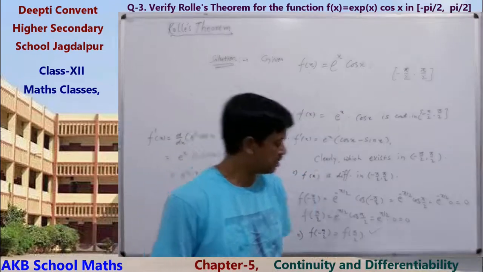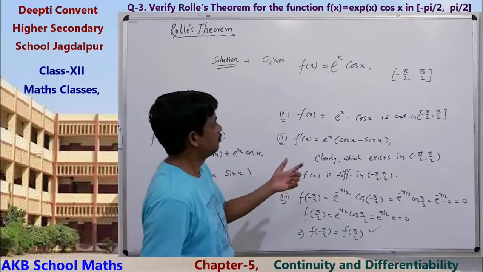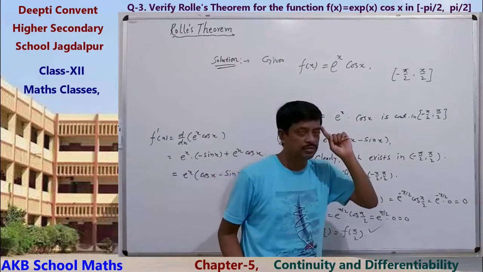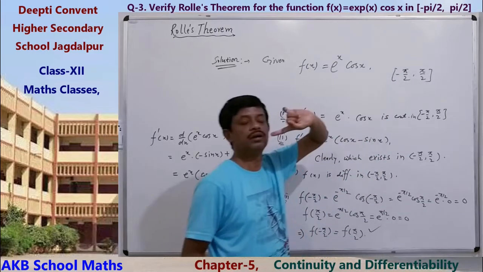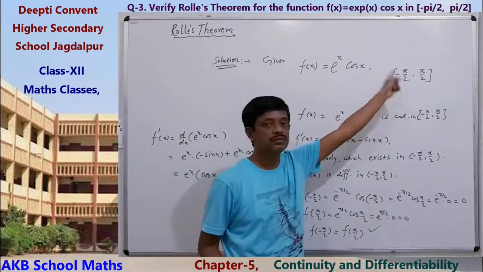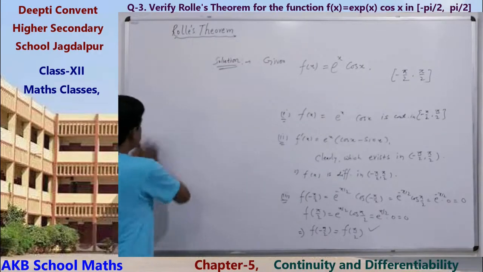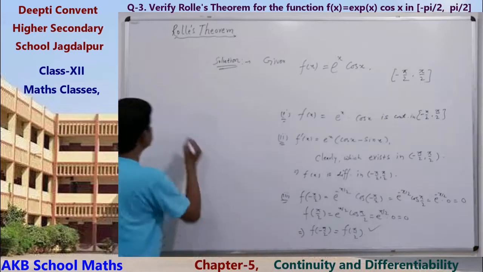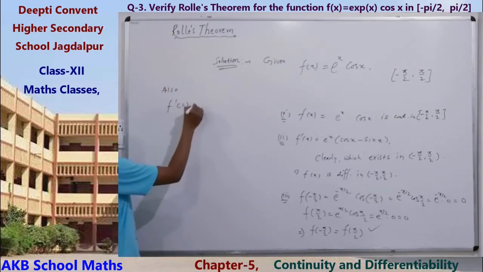Now we have to test by finding a point c such that f dash c equals 0, and c must belong to the open interval minus pi by 2 to pi by 2. So here we see that f dash c equals 0.